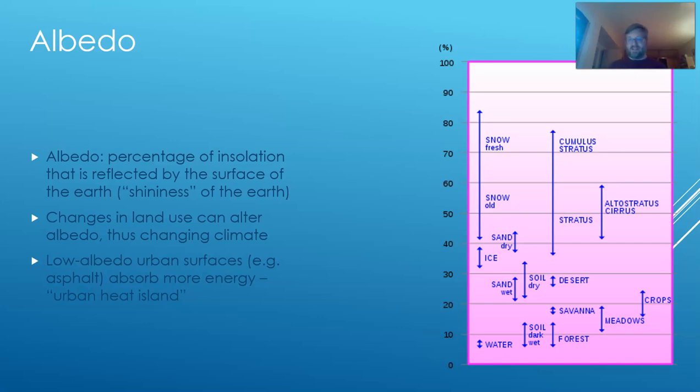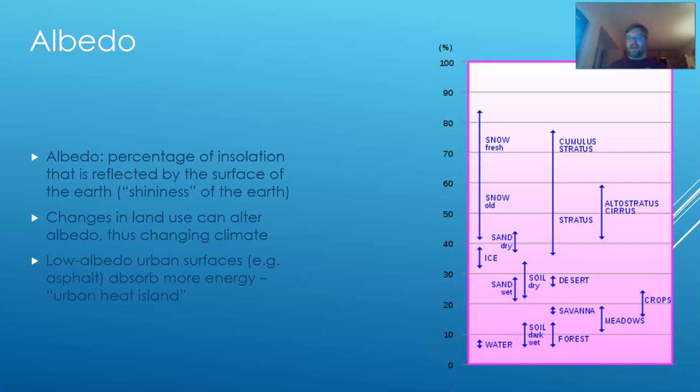We cut down a lot of forests and replace them with these other kinds of uses of the land. When we're doing that, we are raising the albedo. So we're causing that land to reflect more of that insolation back out into space, and so that's going to have a cooling effect, right? Not as much of the energy is going to get absorbed by the Earth and then increase our temperature and get re-radiated as longer wave infrared or thermal radiation.